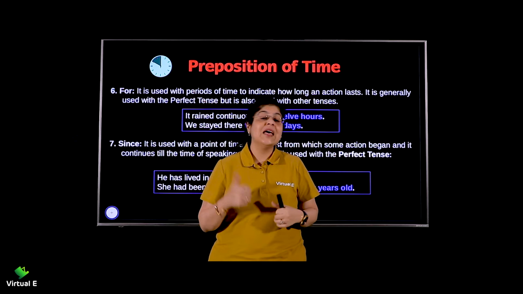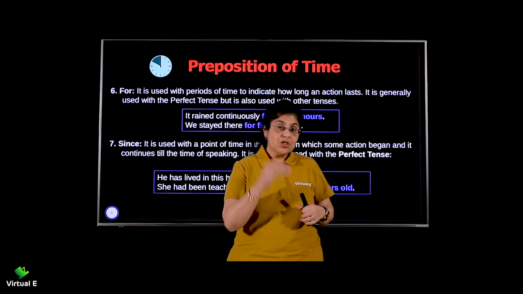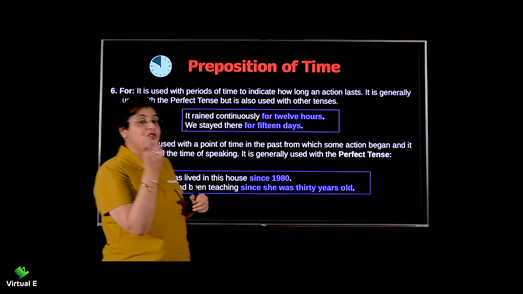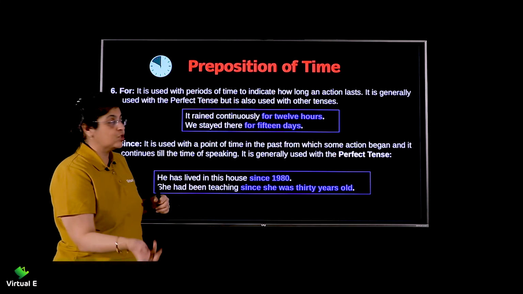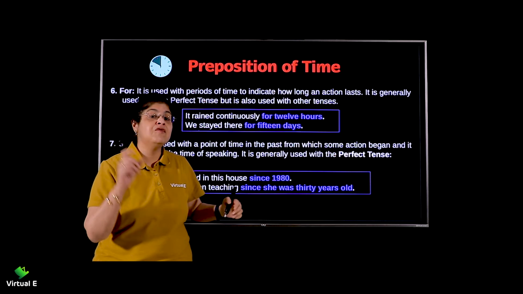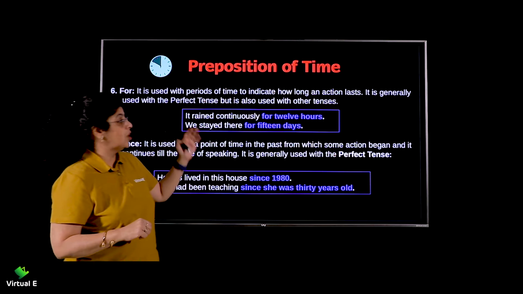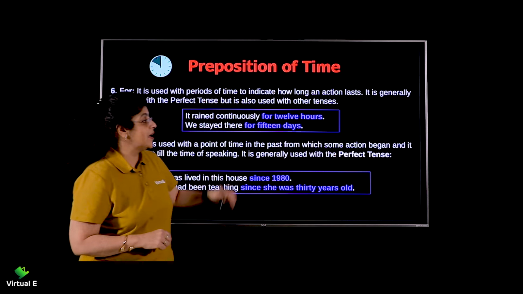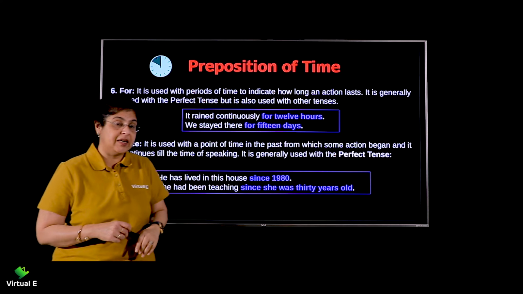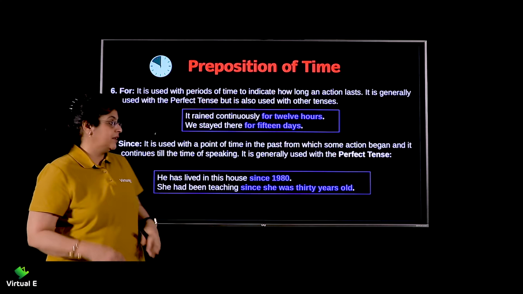Yes, since and for, right? So this is that for. You have to know the action, for how long that action took place, right? It rained continuously for 12 hours. It is giving you the duration, for how long. We stayed there for 15 days. So you see, you're getting the duration, how long you stayed there.